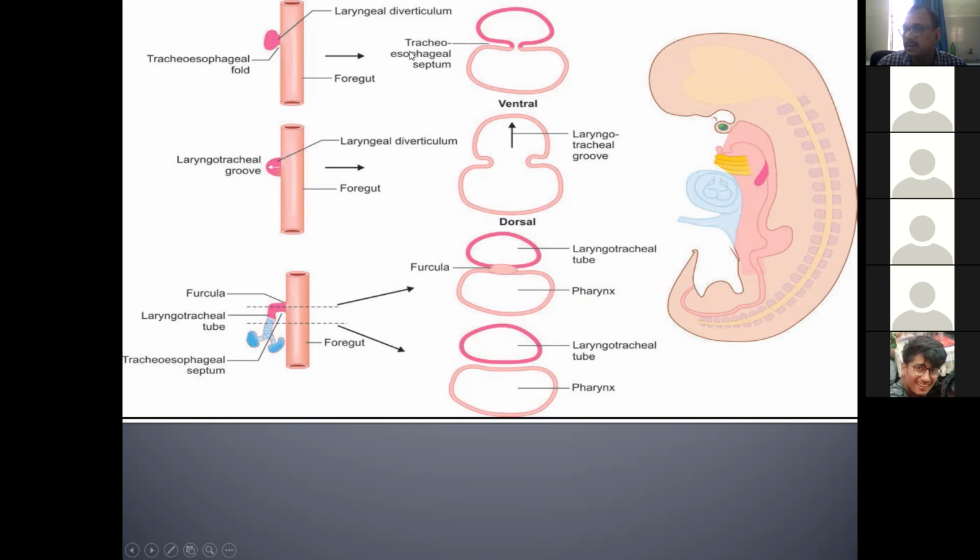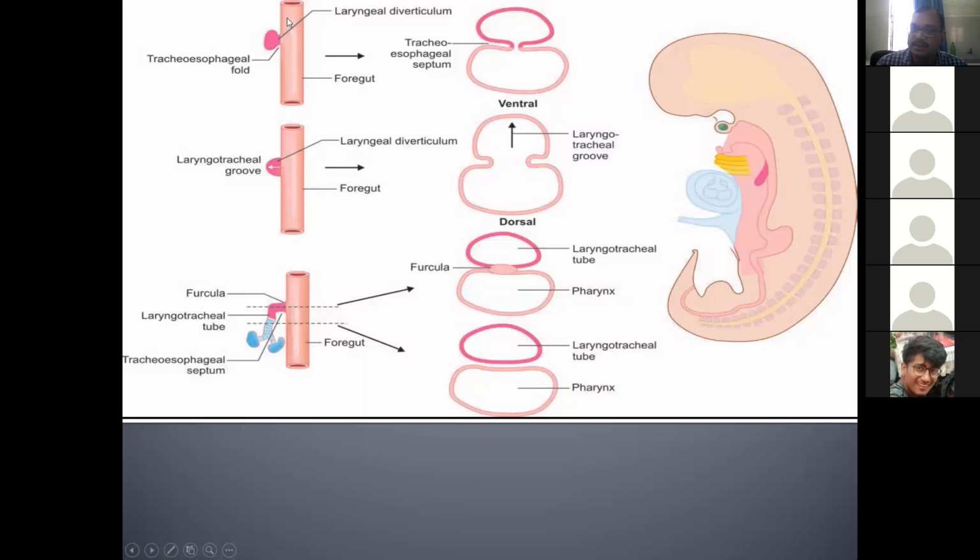This tracheoesophageal fold of both sides, you can see in this diagram, starts merging towards each other. And before merging, a small orifice is left over through which it is communicated with the pharynx.